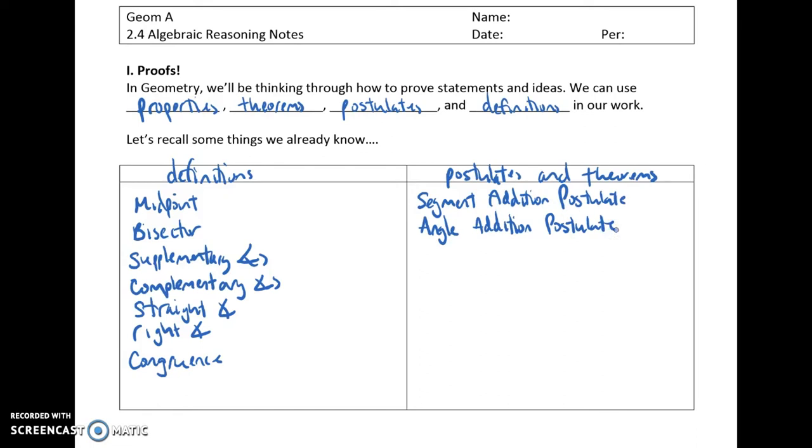and there's some theorems and postulates that don't really have these nice and pretty names. For example, you know that any 2 points create a line, and any 3 points, 3 non-collinear points actually, create a plane.